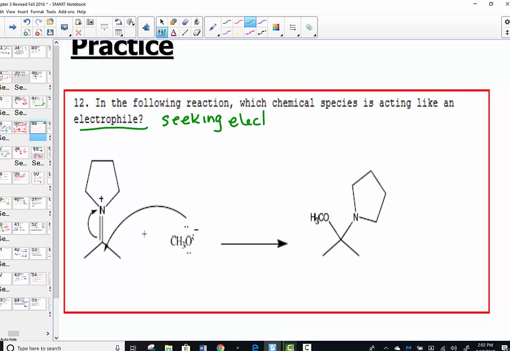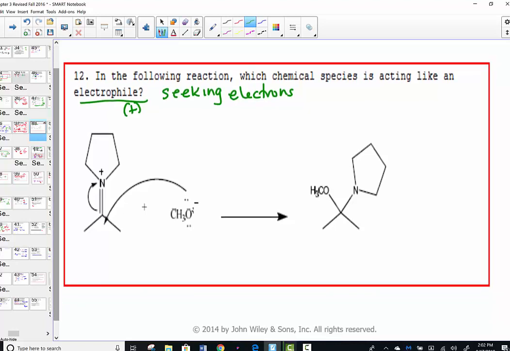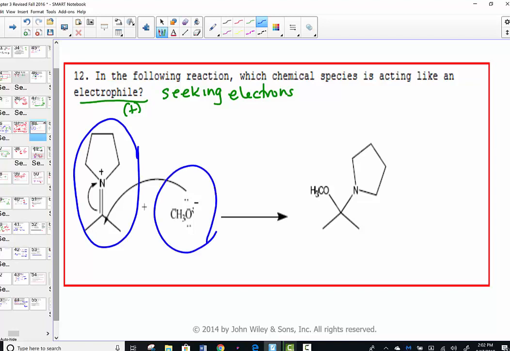And to seek electrons, it's originally starting as a positive species. I didn't include the A, B, C, D, E choices, but they're here, they're just pictures. So you really have two choices in this particular answer. Which species? So this is a species, and this is a species. Alrighty, so there's two choices. Which one is seeking electrons?